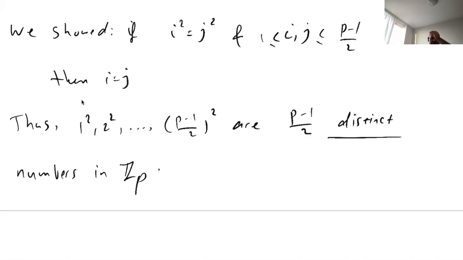So I'll repeat the reasoning one more time. If the squares of two numbers are equal, then the numbers must be equal, as long as the numbers are between 1 and (p-1)/2. And here I have a list of numbers that are all between 1 and (p-1)/2. And because the numbers are distinct, any two of them are distinct, therefore the squares of any two of them must also be distinct. So here I have the list of (p-1)/2 distinct numbers in Zp, which is the list of all quadratic residues in Zp.